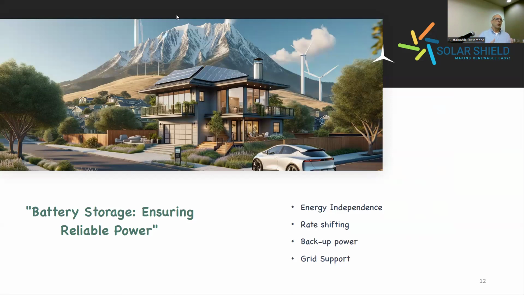The batteries allow us to do that rate shifting. So get the energy during the day, use it during the evening, and not have to go back to PG&E and buy at 55 cents a kilowatt hour or 60 or 66, whatever they have for us. Talked about backup power, grid support.